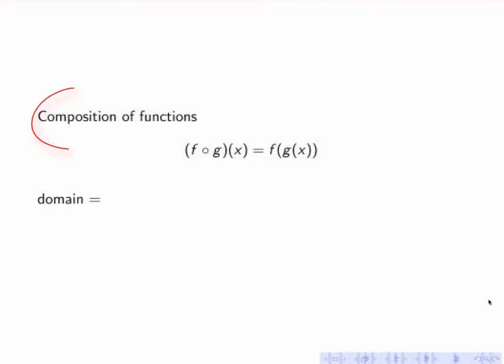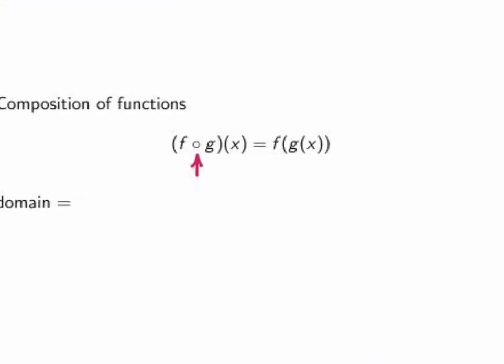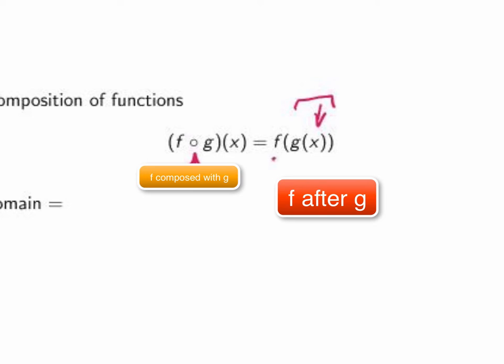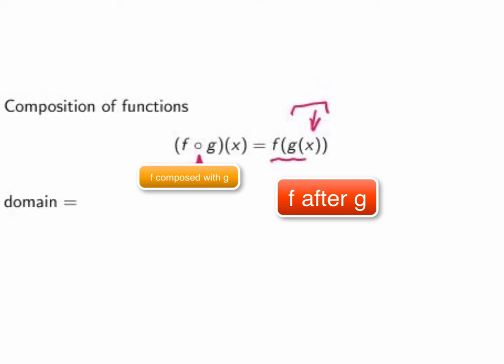This is called composition, and it is symbolized by this circle. So f circle g is the function f, where I substitute the function g. Or say it the other way, you first substitute x into g, and then you substitute everything into f. This is really called f composed with g, but it is much easier to say f after g, because in particular here it is f after g then applied to x.